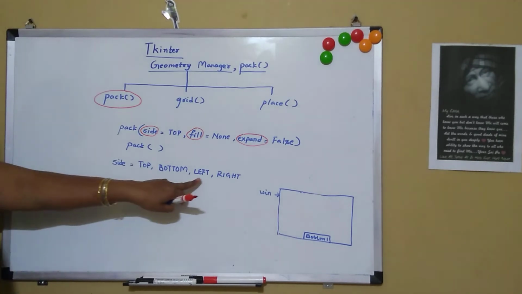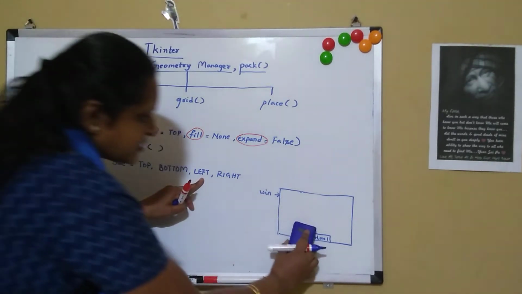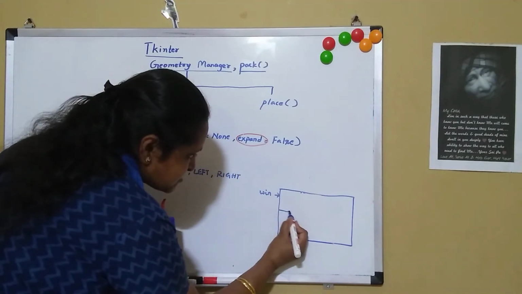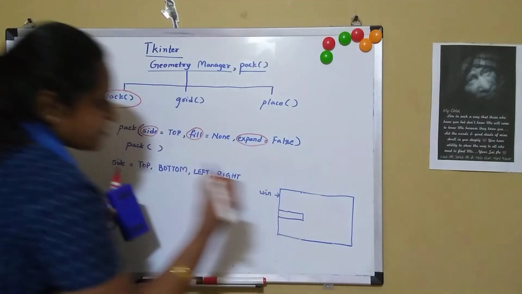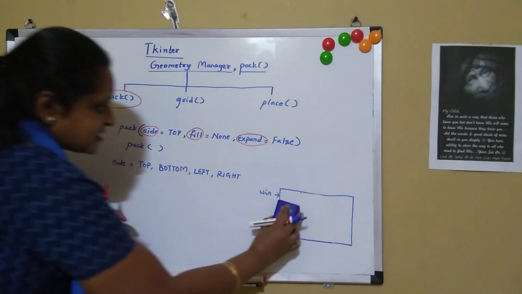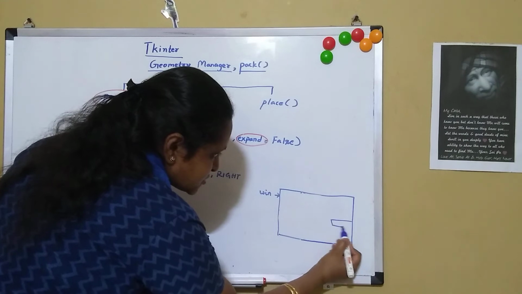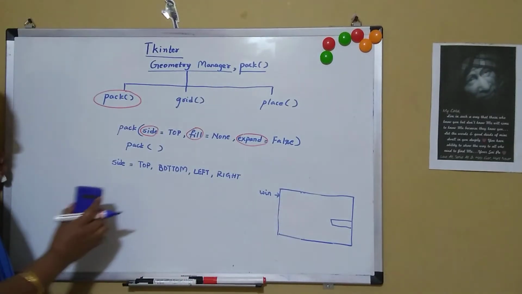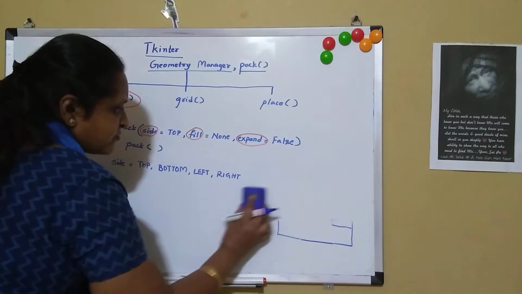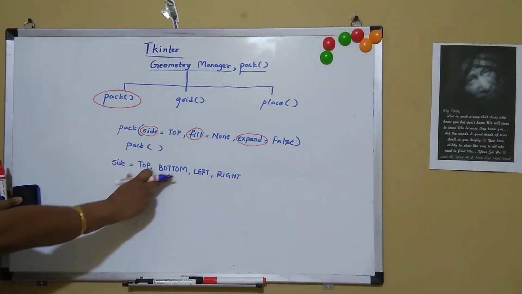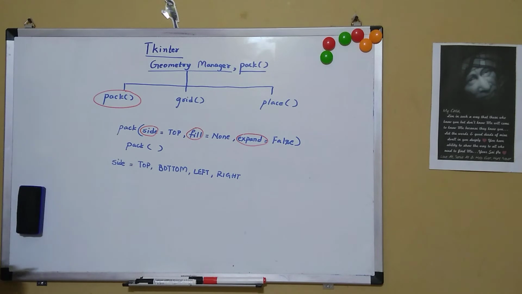If I say place my button to the left, then it will place it in the left position, that is this particular position. And if I say place it to the right, it will place in this particular position, that is the right position. So this is how we can specify the side parameter to top, bottom, left or right.